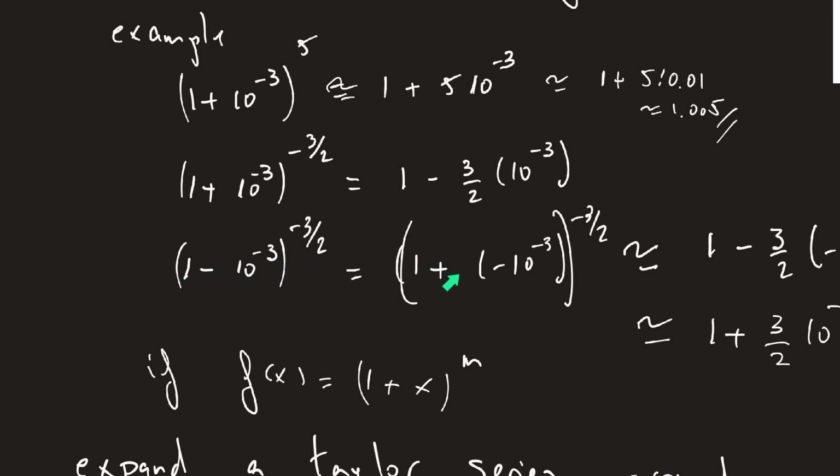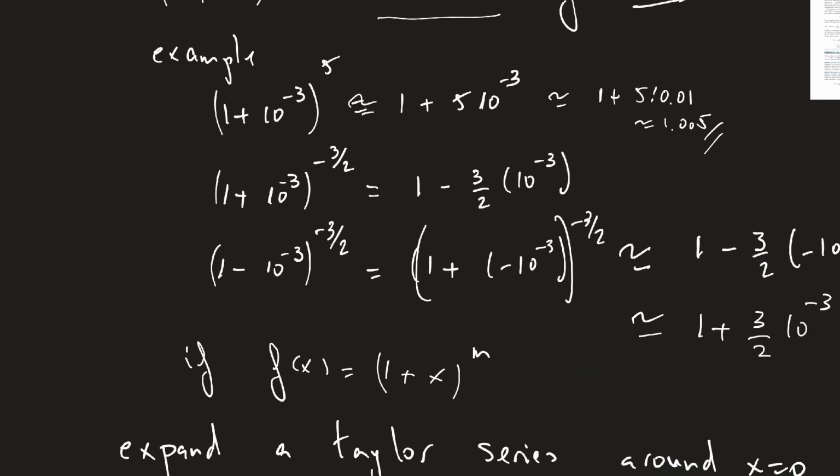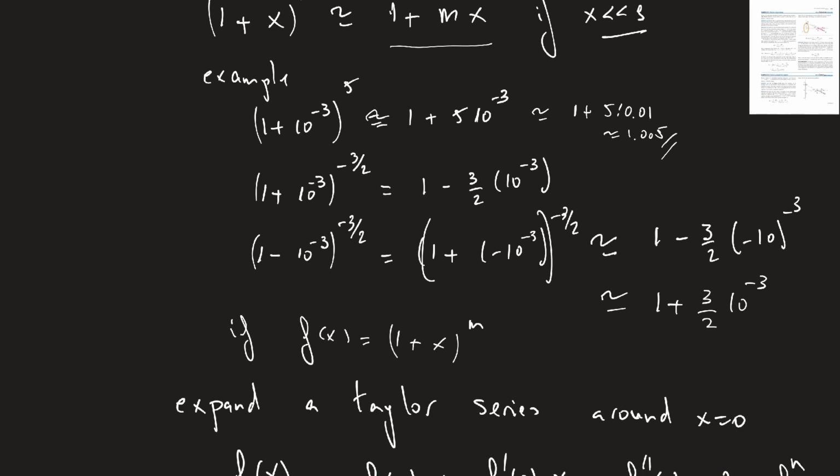You can always put it in this way, and this will be 1 plus 3.5 multiplied by the x, because the minus with the minus will be positive. So you can always work with this approximation. But the x, remember, should be very small compared to the 1, otherwise this approximation will not work.